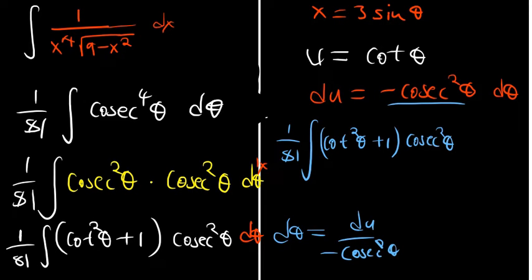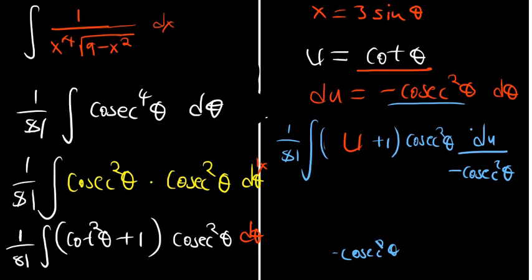So we can substitute where d theta was, du over negative cosecant squared of theta. And don't forget, since we are saying our u is equal to cotangent of theta, where there is cotangent of theta, I can put a u, plus 1.